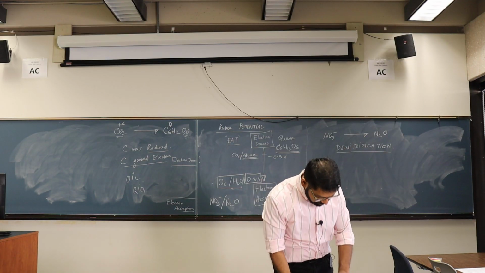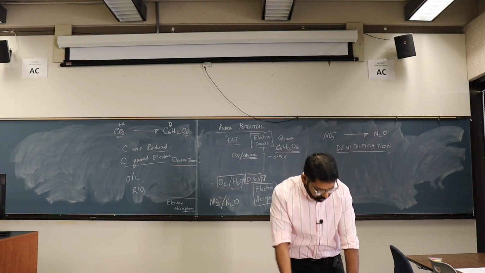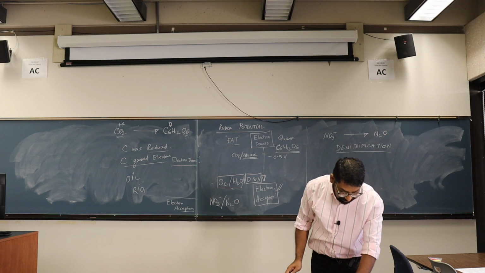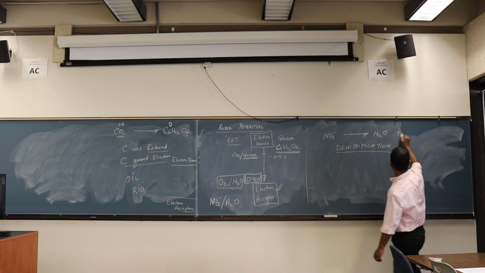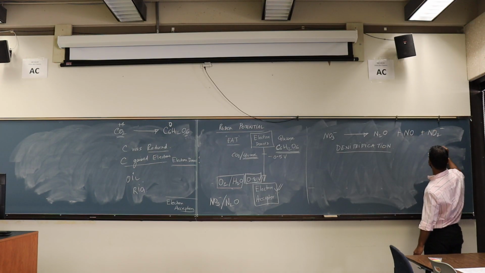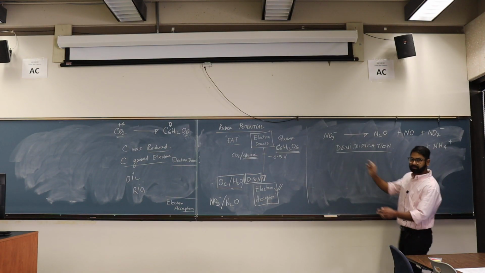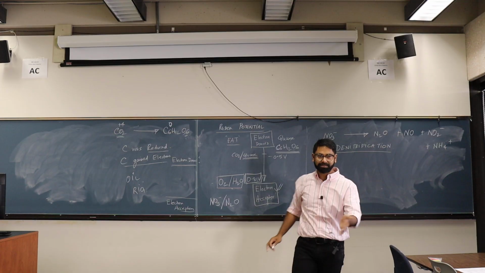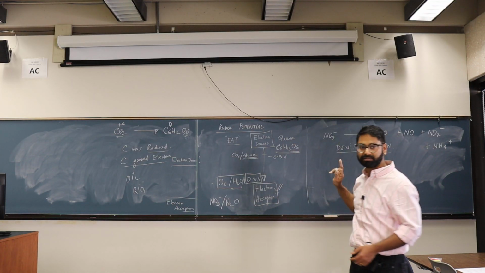There will be microorganisms who can do this. NO can also be produced. Sometimes you can also produce NO2 minus. You can also produce ammonia. So a series of these things are all products of nitrate reduction.